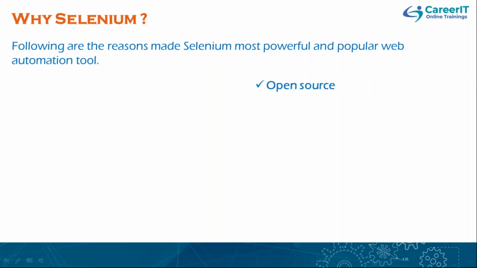So one of the factors which made Selenium most popular is open source. Selenium is an open source tool, guys. Open source means the source code is open to all. Whatever source code they have designed or developed for this particular Selenium tool, it is open for all.